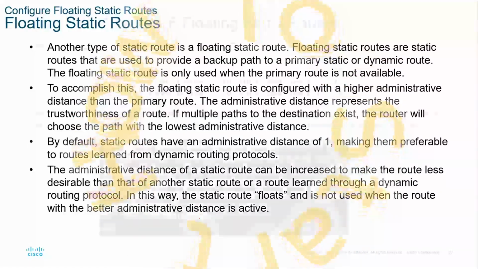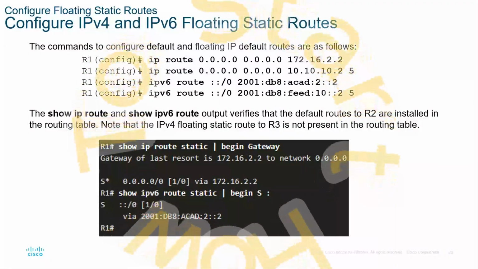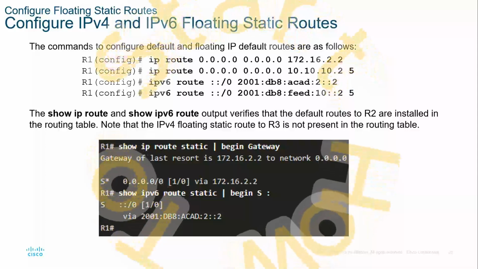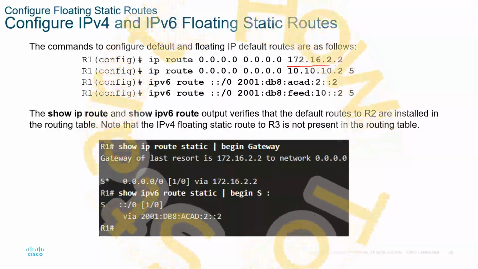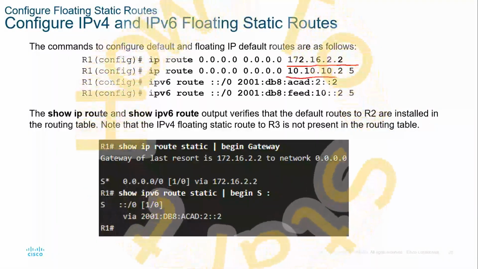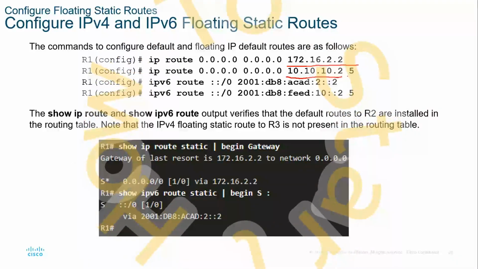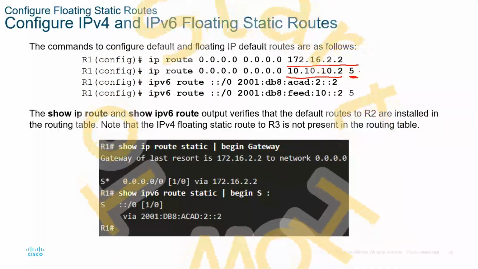And essentially what we do is when we configure a static route, here we have static routes for both IPv4 and IPv6. The default weight is 1, so we don't have to put it. You'll notice there is no weight. Here we have our exit or our next hop, and we have a weight. Here our weight is 5.